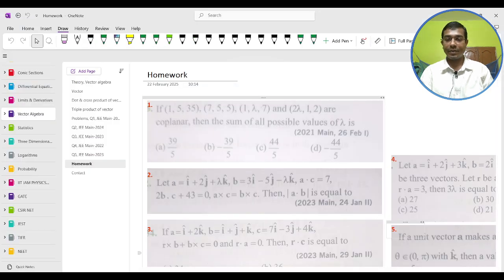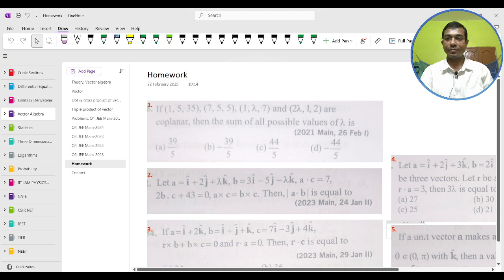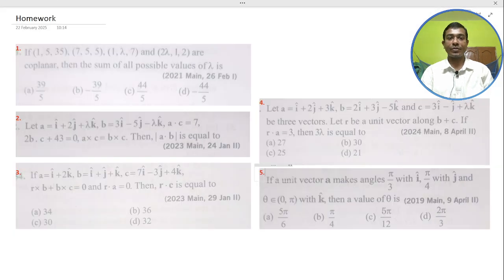All questions are coming from JEE Main basically. First question is JEE Main 2021. Second question is very important, vector.